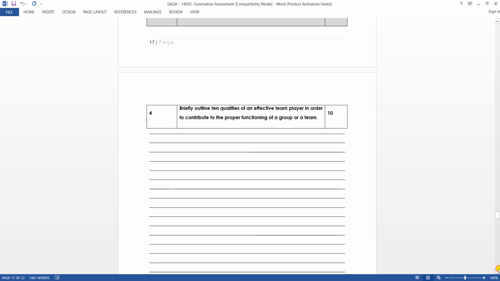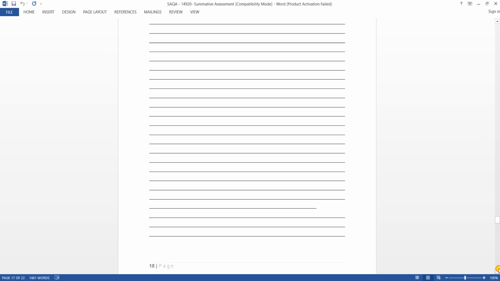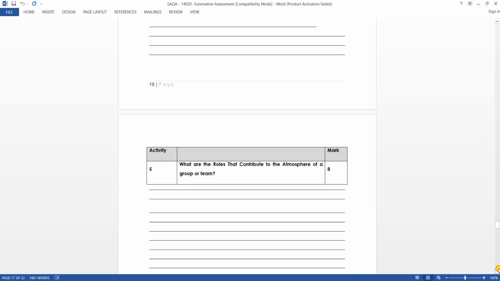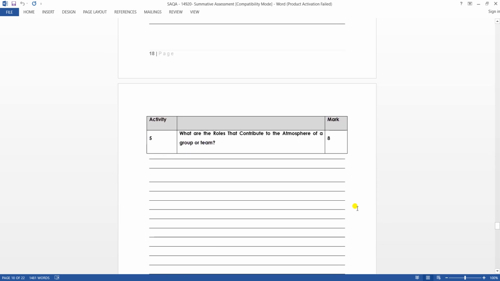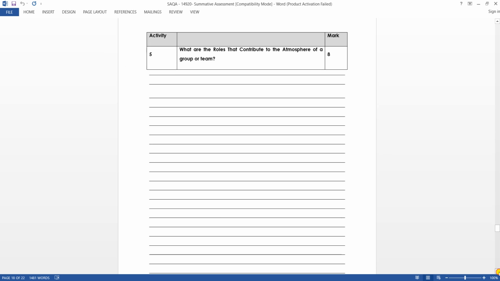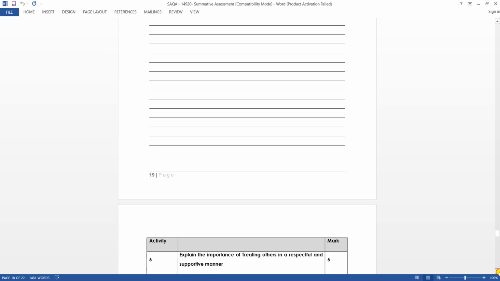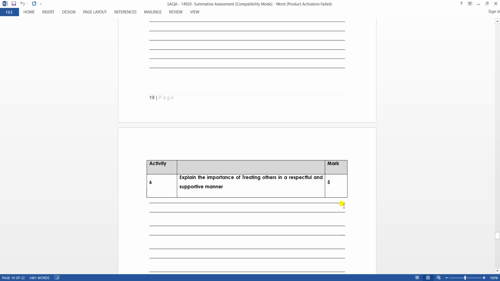That's for 10 marks also. Please bear in mind, it's important to answer according to the mark allocation given. Activity 5, what are the roles that contribute to the atmosphere of a group or team? That's for 8 marks. And activity 6, you need to explain the importance of treating others in a respectful and supporting manner. That's for 5 marks.